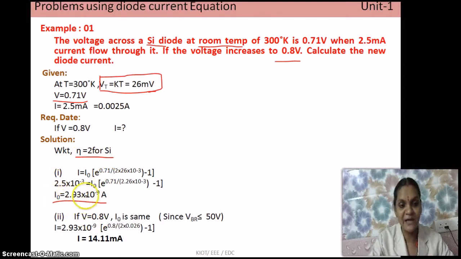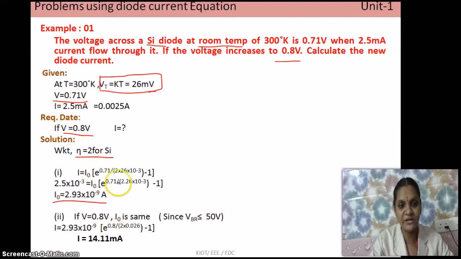Why I am calculating I naught is because I naught is not going to change, because temperature is remaining constant at 300 Kelvin. So I am using the same I naught for calculating the new diode current. So use the same equation, I equal to I naught e to the power V. Now you substitute I naught here as 2.93 nanoamperes, and V is the new V we have to find.